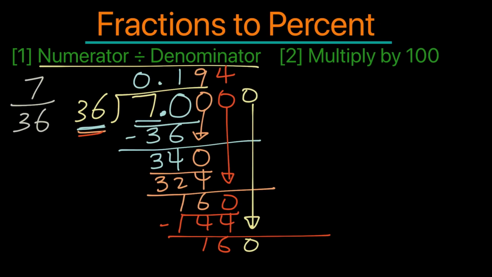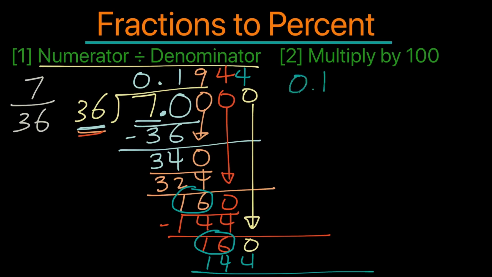Now we start seeing a pattern of 16 being the remainder every time we place a 4 on top. So we know that the 4 is gonna repeat. Therefore, the answer will be written as 0.194 with a bar on top, meaning that this is a repeat decimal.